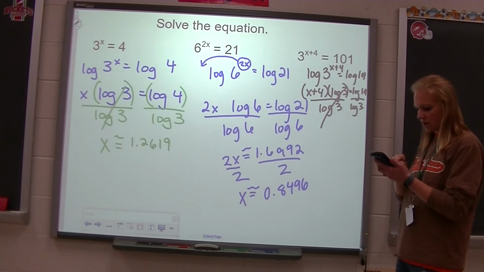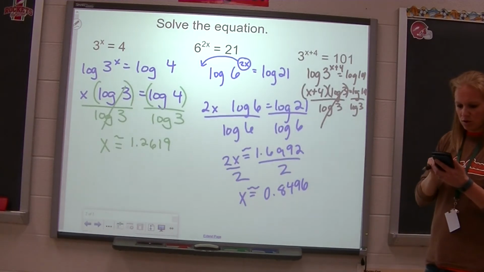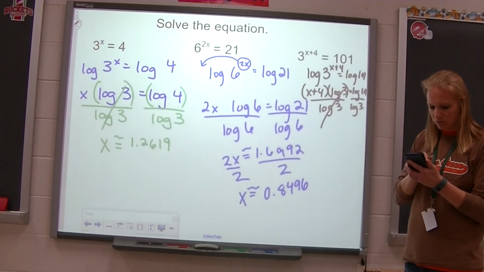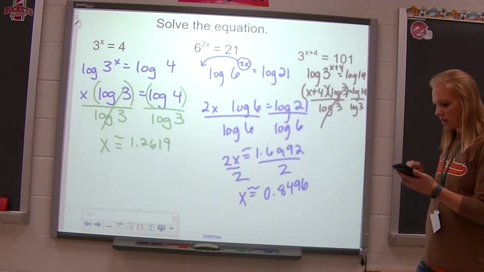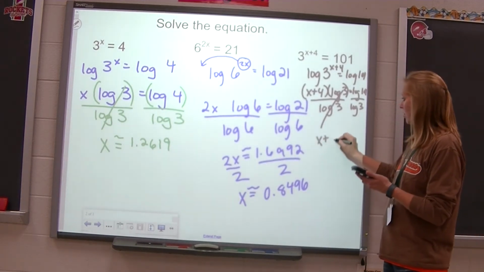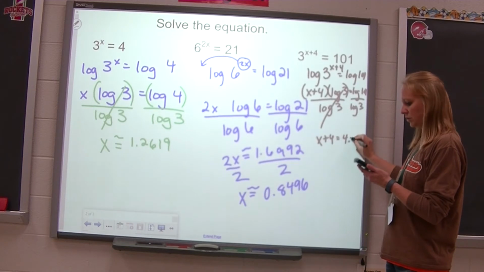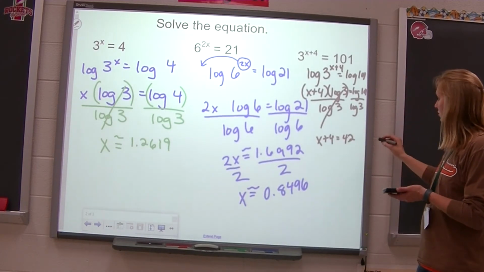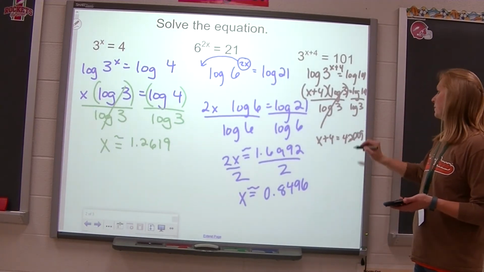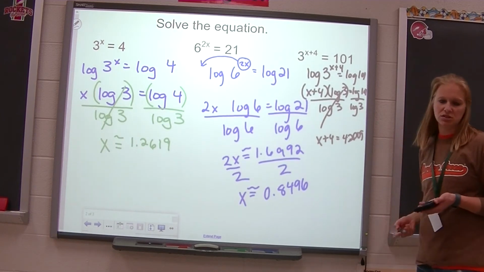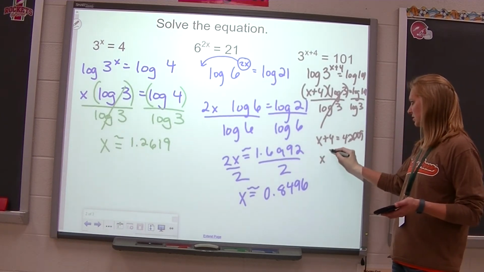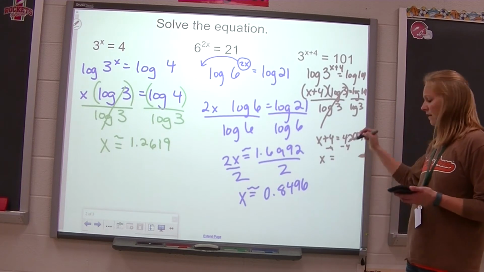The log 3 there will cancel, and log 101 divided by log 3 is 4.2009. Okay, and that's what x plus 4 is, so I still need to solve for x. I'm going to do that by subtracting 4.